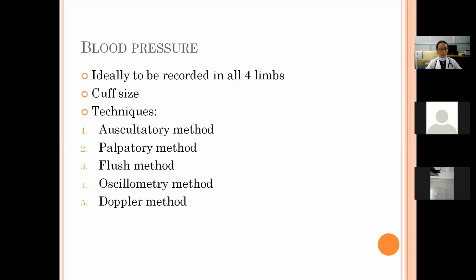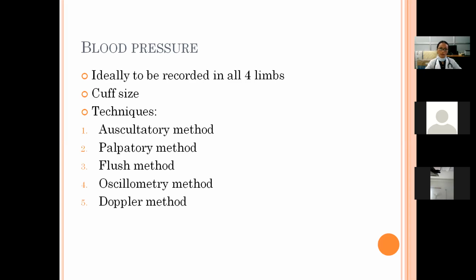Usually most of us tend to think that diastolic blood pressure is when the Korotkov sound totally disappears. That is not the diastolic blood pressure. The diastolic blood pressure is when the Korotkov sound has started to taper. So this is the auscultatory method of taking the blood pressure, which is most commonly used.